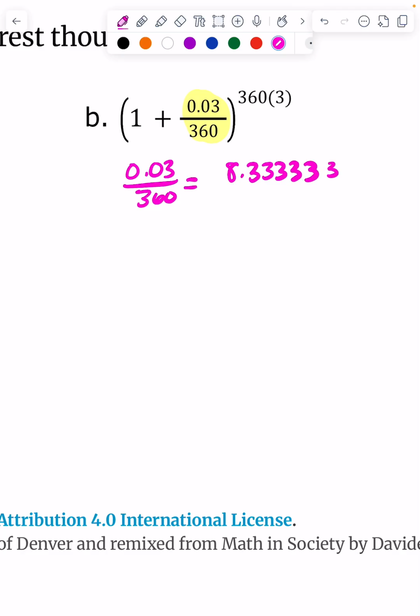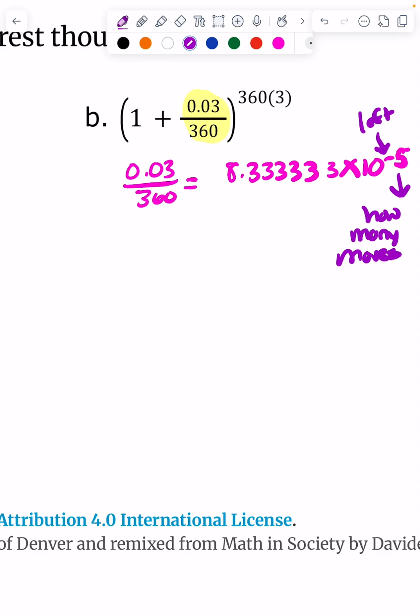Lots of threes, and then it says times 10 to the negative 5. Now we haven't got to scientific notation yet, we will. But what this means is I need to move the decimal to the left because it's negative. So I'll change my color here. So negative means left.